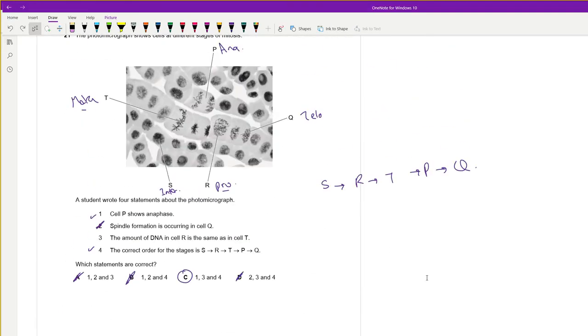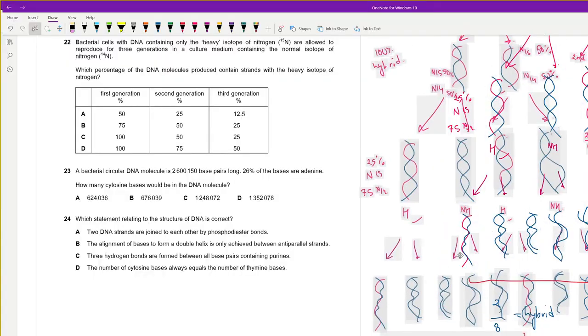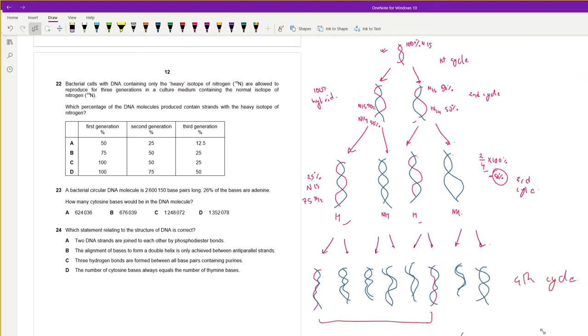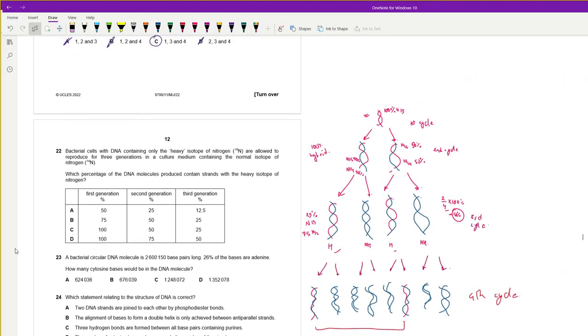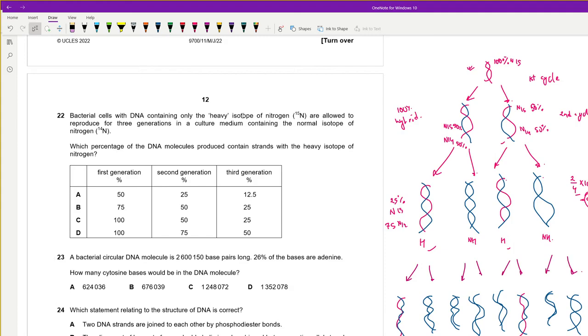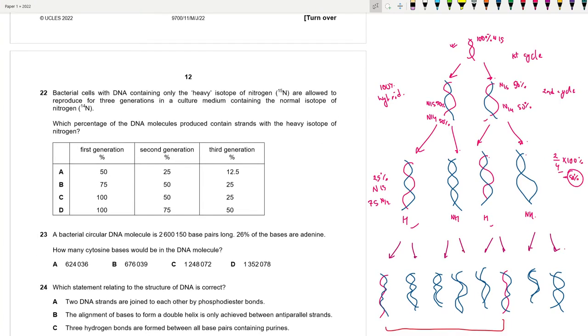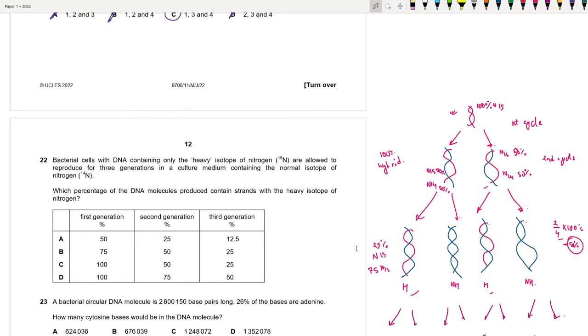So basically in the first gen we have 100% nitrogen 15. In the second gen, you know that DNA replication is semi-conservative, right? So one strand will be new, one strand will be normal. What's the first gen actually? You guys need to understand that.